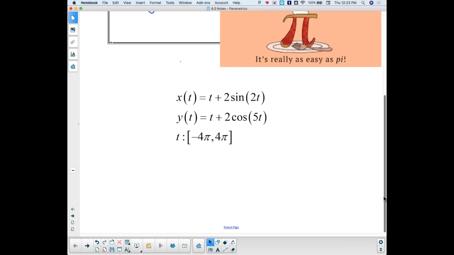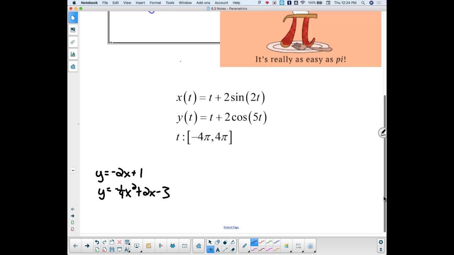I'm talking the difference between this and a line like y equals negative 2x plus 1, or a parabola like y equals negative 1/4 x squared plus x minus 3.